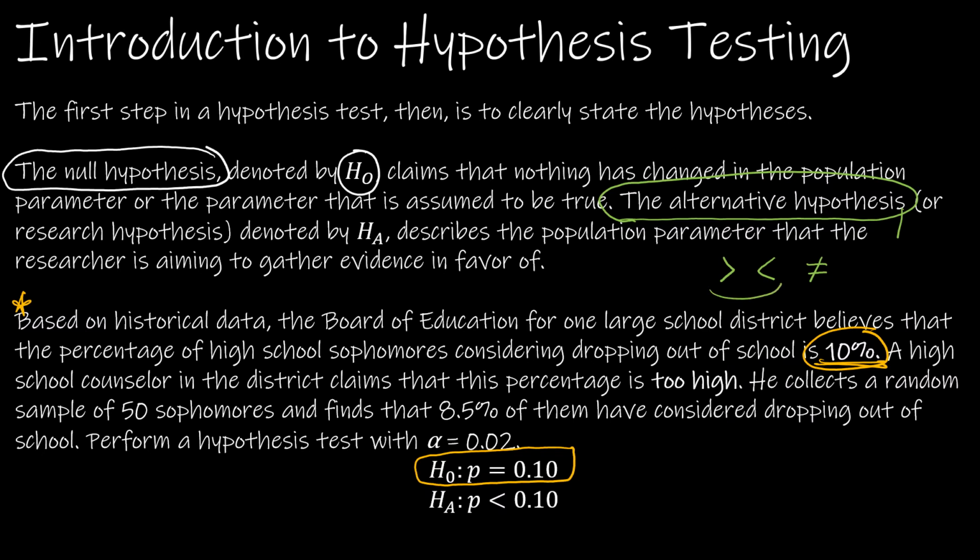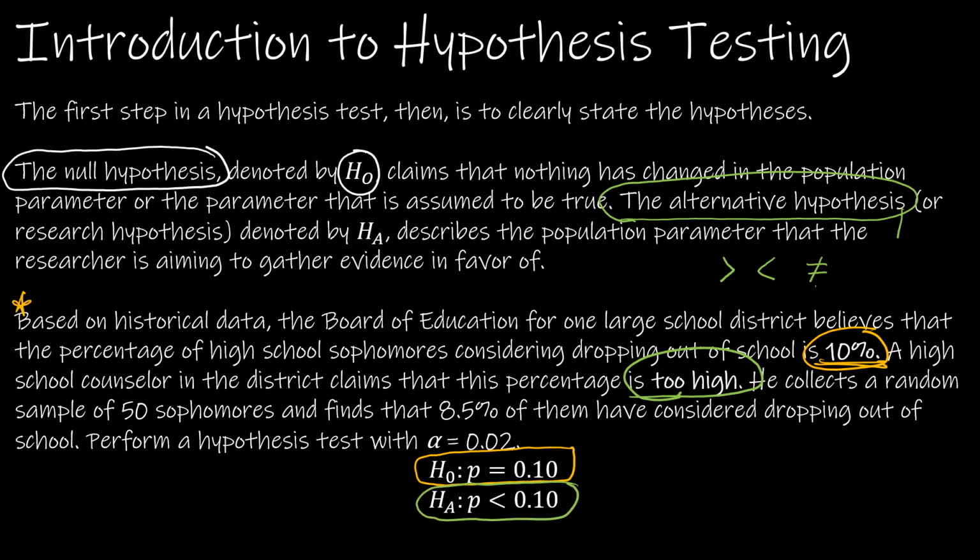These two are called one-tailed because it's going in one direction. This is called two-tailed. We'll get into more of that later. But these are our three choices. As we go back to our question, it says the school counselor believes that the percentage is too high. So I want you to notice that if it's too high, that means the school counselor believes that the percentage is less than that. That's where this came from.